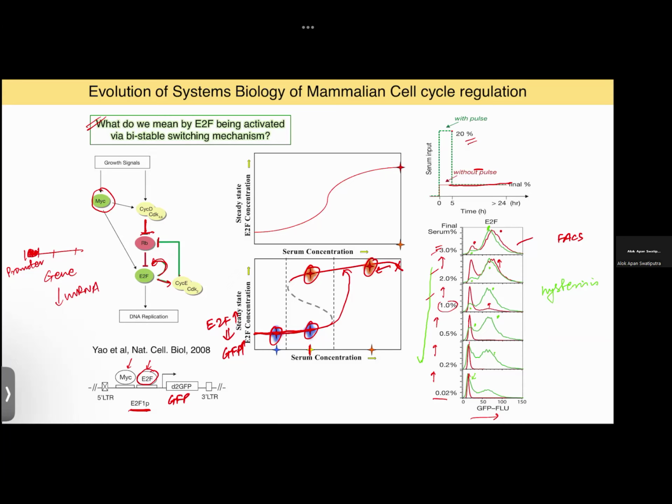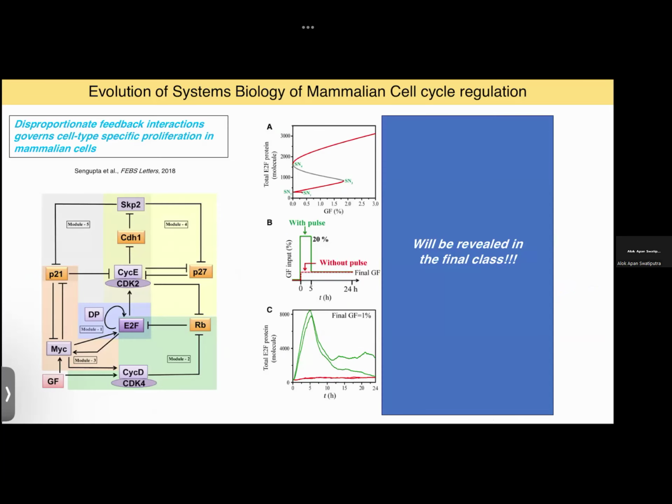Now, this is the 2008 verification of a 2004 model. Some extra things have been done. This particular paper is from our lab, which we have worked on, and it is a more detailed model. As you can see, there are more interacting species here, still with an Rb-E2F restriction point.